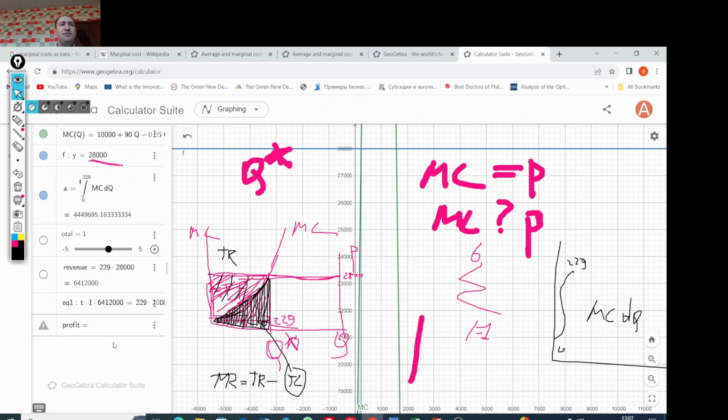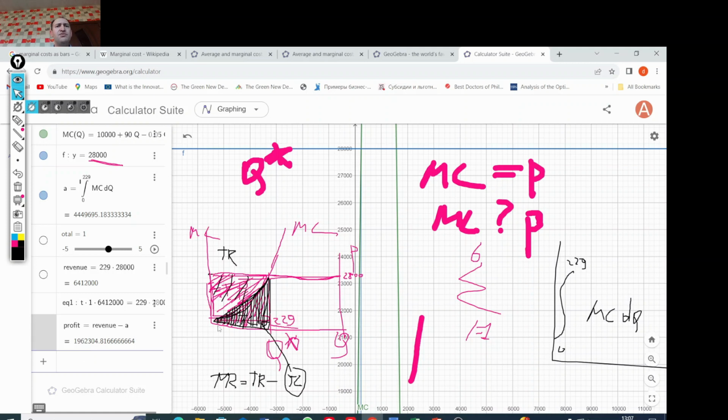Meaning the difference between revenue, which is already called revenue so its value is known by the computer, minus that total cost given by that A variable, 4,449,000. So the profit is 1,962, that's your total profit generated on the revenue of 6 million. The profit generated on that revenue is almost 2 million, right?